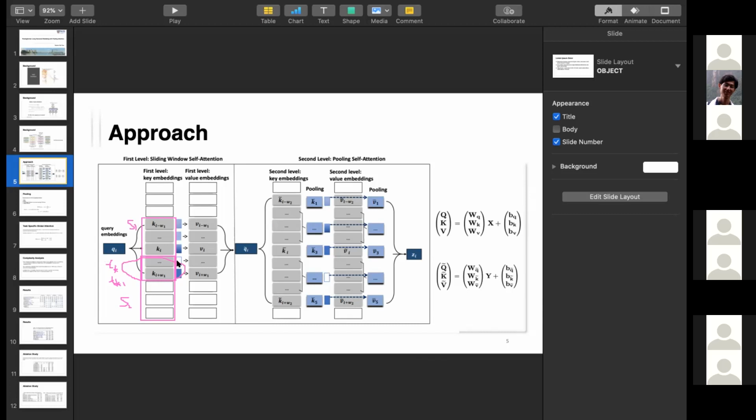The attention score is calculated by the dot product of Qi and the K tokens within the window. Here Qi is a vector and K i minus w1 is a vector. We do the dot product, we get a number, which is the attention weight of Qi versus K i minus w1.